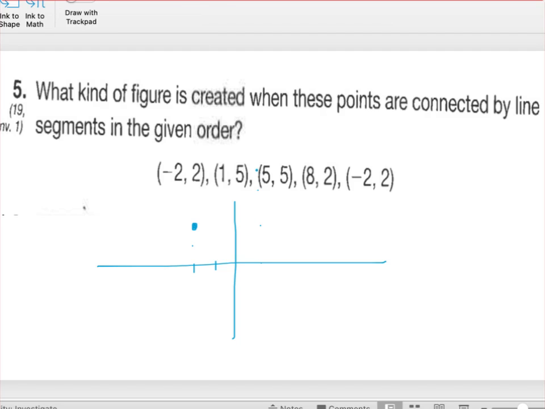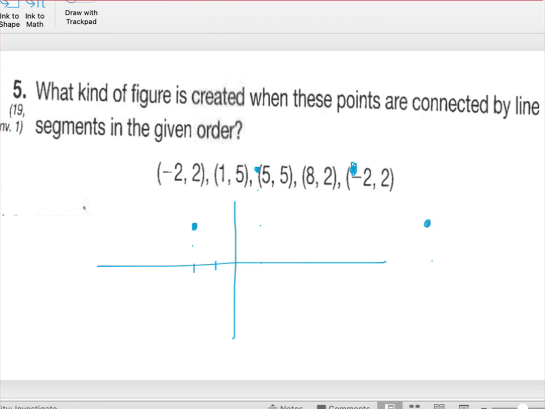Make that 4, 5, 5, 5. So that was 1, 2, 3, 4, 5. And up at the same height as that other one. And then 8, 2. Well, 8, that's 5, 6, 7, 8. 8, 2 would be right here.